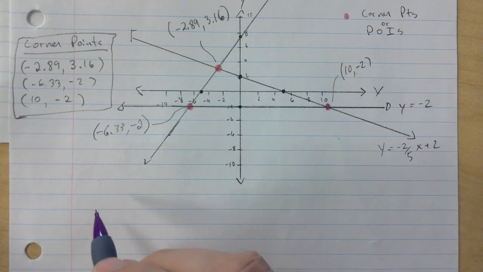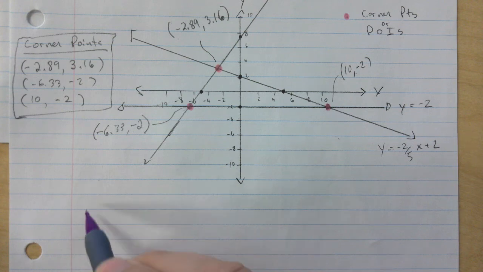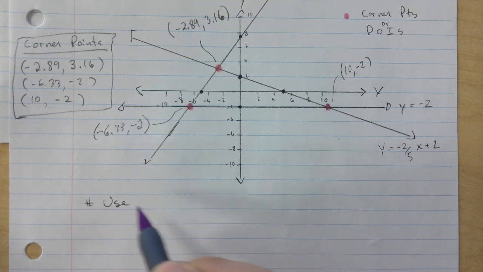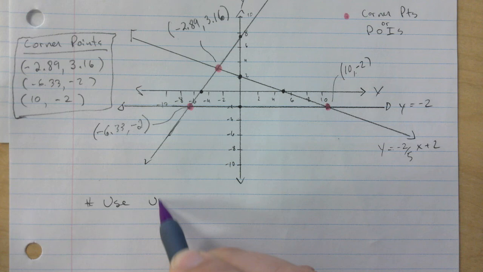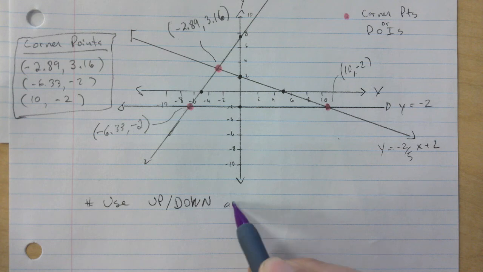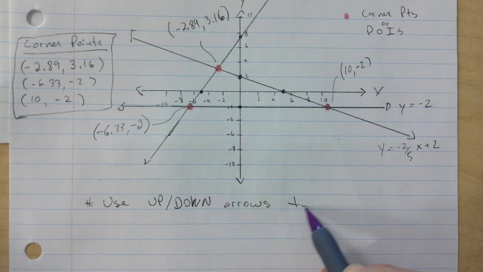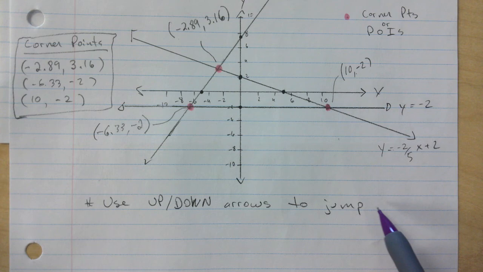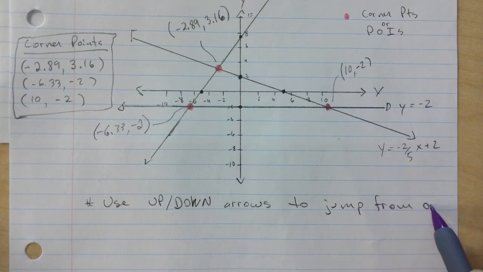So I'll make a note here. Use up, down arrows to jump from one line to the next.